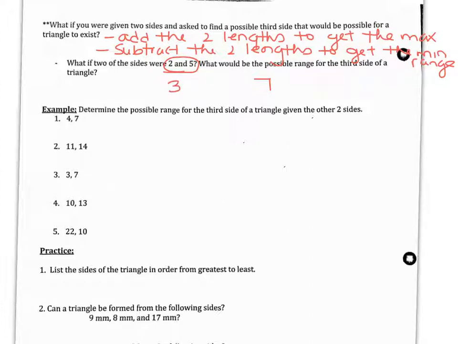So any number between 3 and 7 will make a triangle exist, but 3 will not make it exist and 7 won't make it exist. So how we write it, anything in between, is less than x less than. This notation is the notation that we're going to use to represent everything in between but not including. It's always less than x less than.